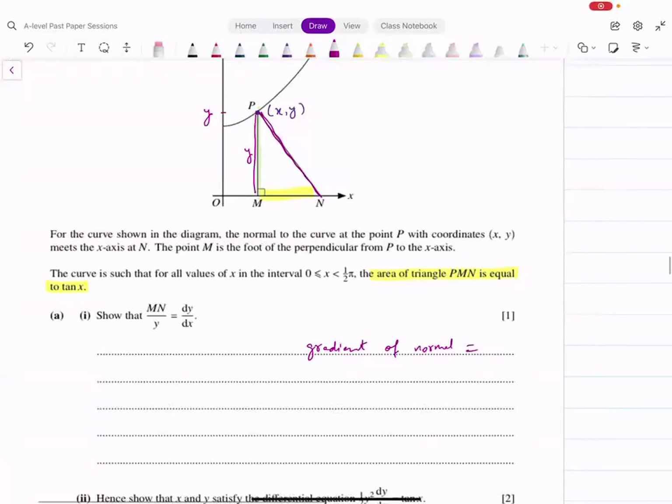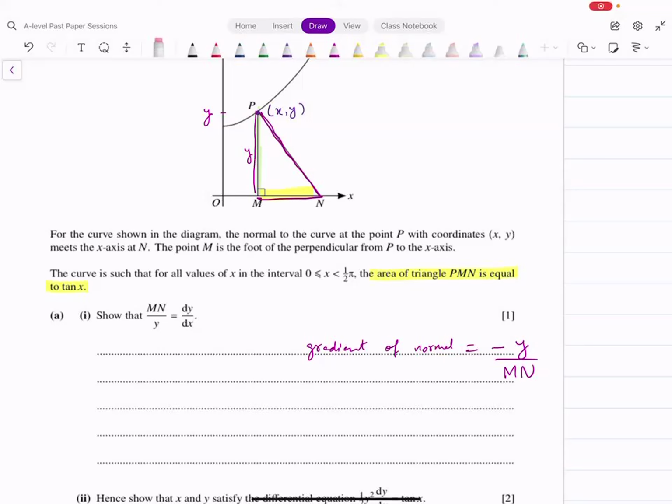Change in y over change in x. But the change in y here is negative, right? The gradient should be negative, since the change in y is negative. So what will the gradient of PN be? That's going to be minus y. Change in x, what's that? That is MN. So minus y over MN. Okay, so we got this from here. Gradient of normal should be minus y over MN.